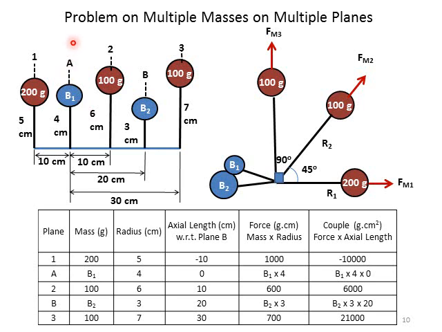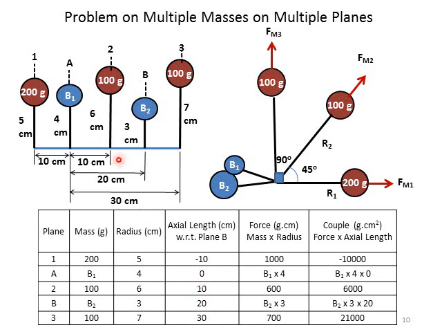Or you can say that, for this arbitrary plane from which we are taking moments, the left hand side is taken as minus, just as -10, and the right hand side is taken as positive. Because we are taking moments around plane A, its axial distance is 0, since there will be no moment, and by this we get rid of the balancing mass B1, not physically but in calculation.